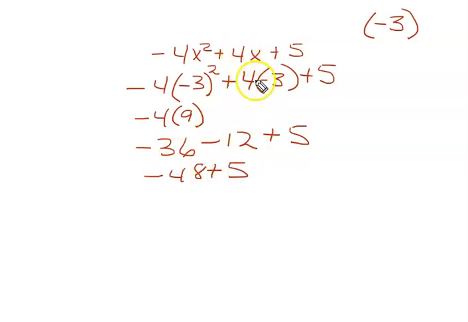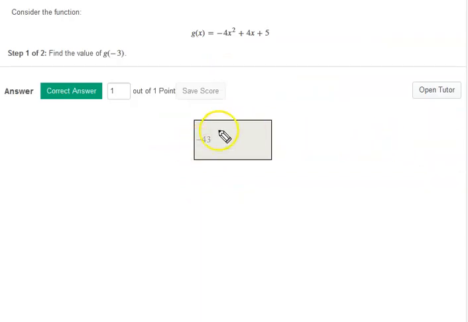And you may be able to eliminate some of the steps here, but again, you want to not lose points on something that's this easy. Your answer is a negative 43. And let's see what they have here. And there it is, a negative 43.